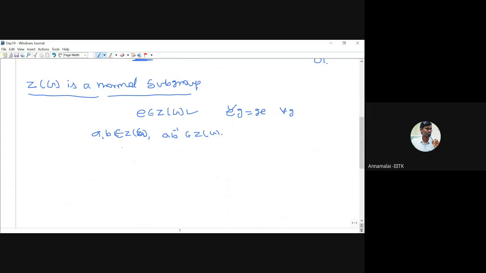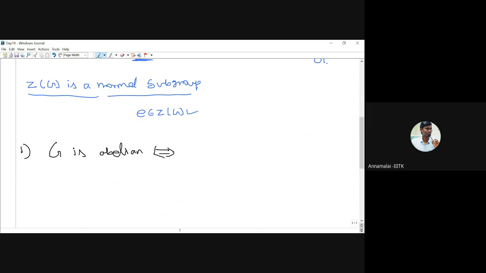If the group itself is an abelian group, then Z of G equals G. That is the first point. So G equals Z of G if and only if G is abelian.